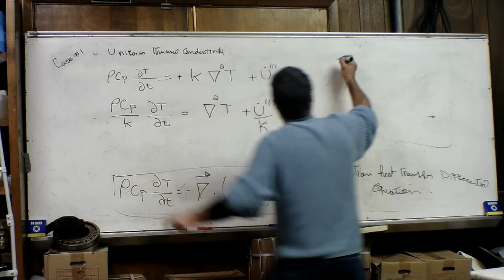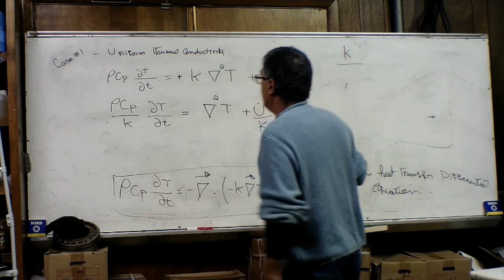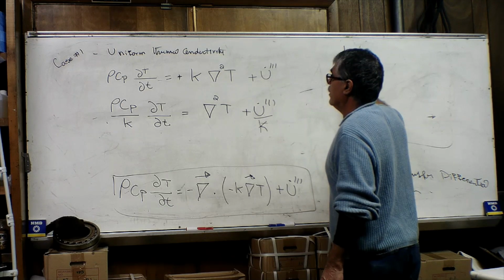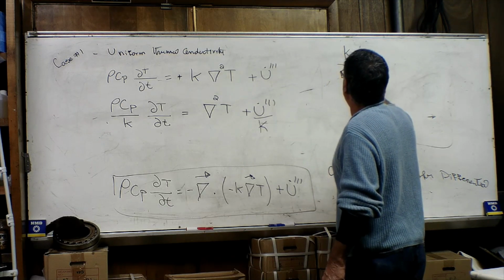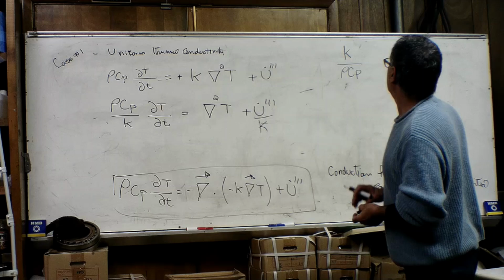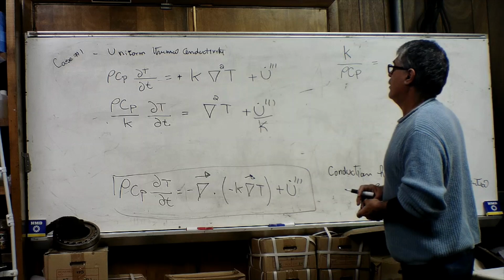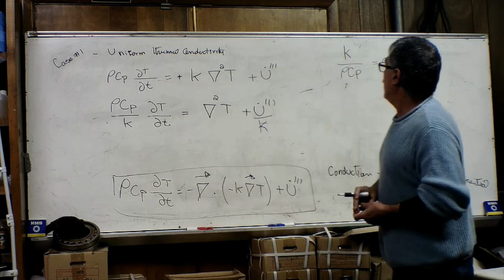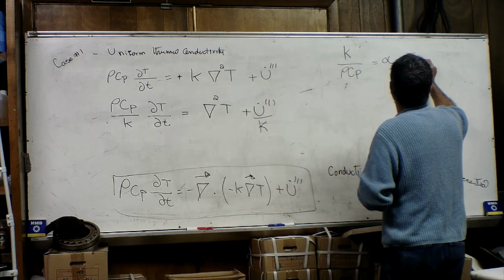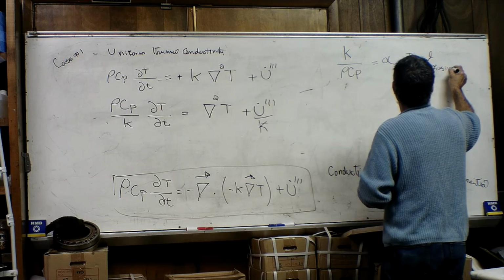This k divided by rho Cp is called alpha, which is called thermal diffusivity.